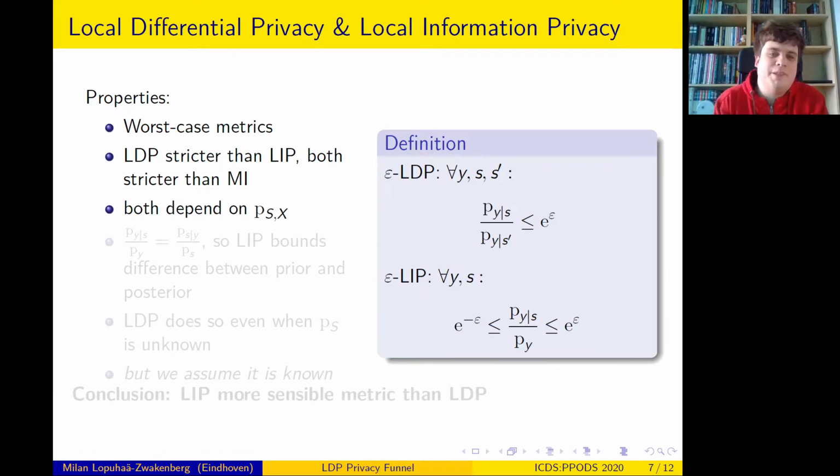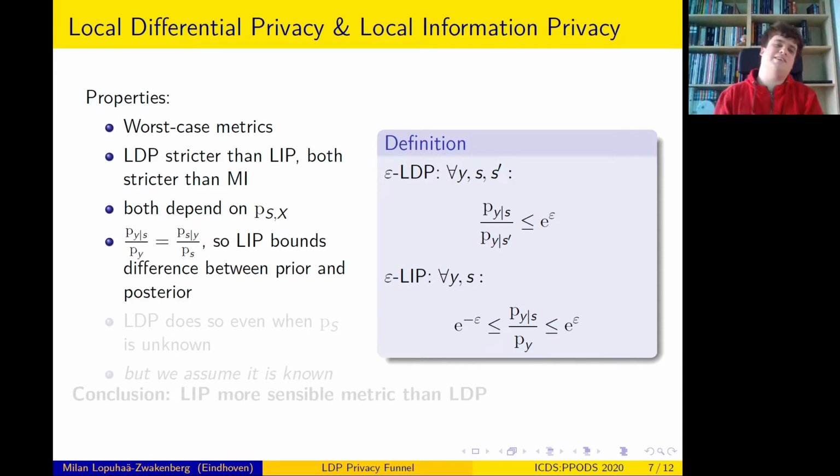Also, both of them depend on the probability distribution of S and X. So in that sense, it's a good thing that we assume that it's known to begin with. This is a bit different from what people usually do in local differential privacy, where it doesn't depend on the input distribution, but that is when you want your output to have differential privacy with respect to X instead of to S. But in our situation, it does depend on the joint distribution of S and X.